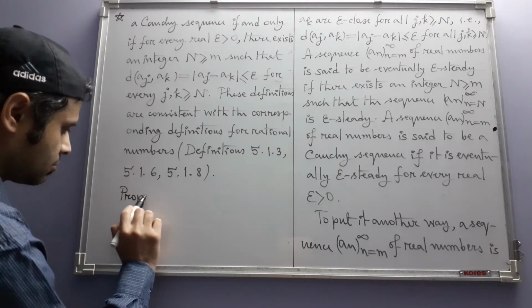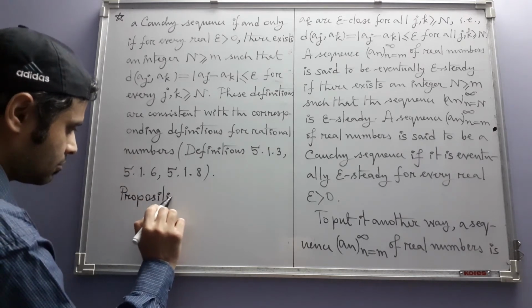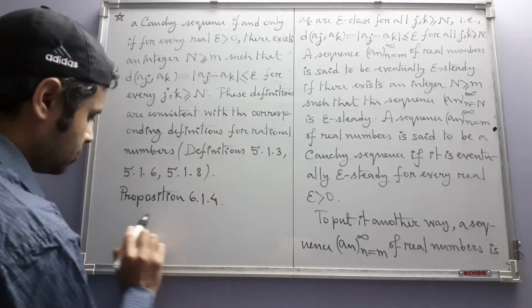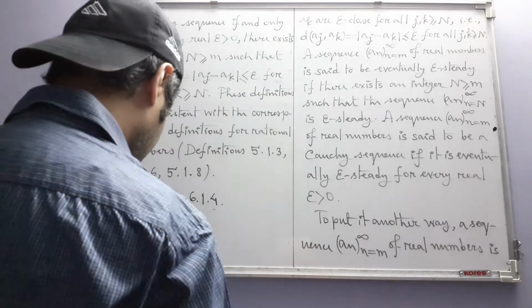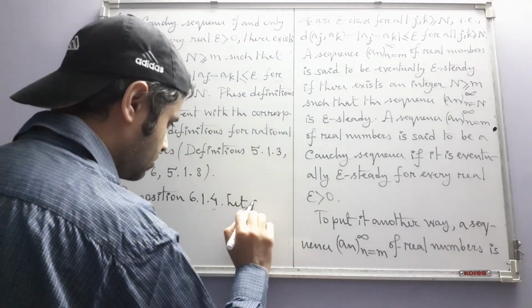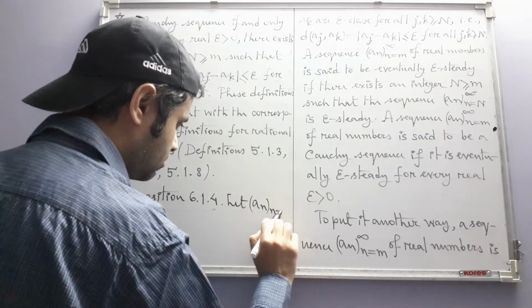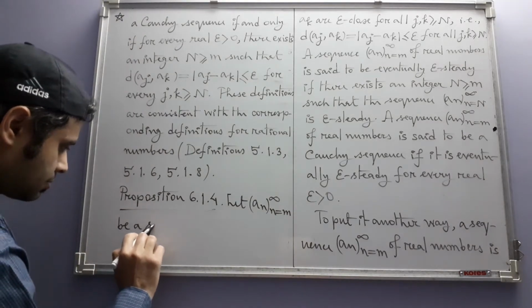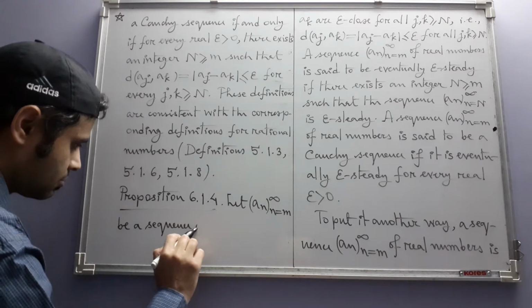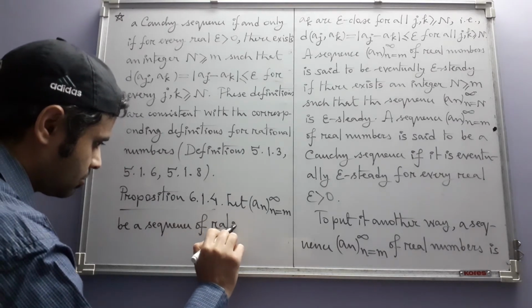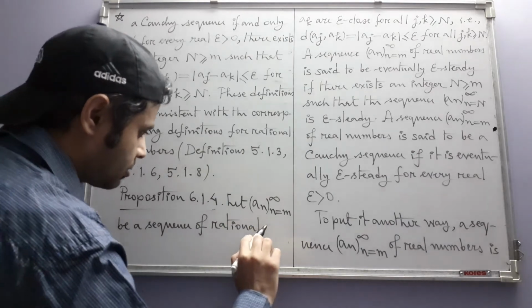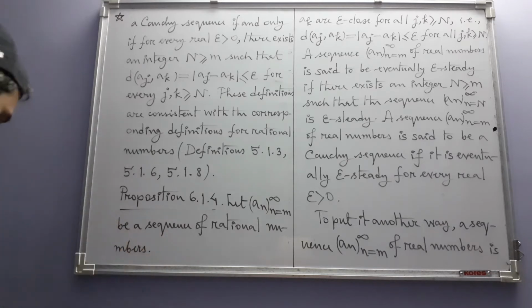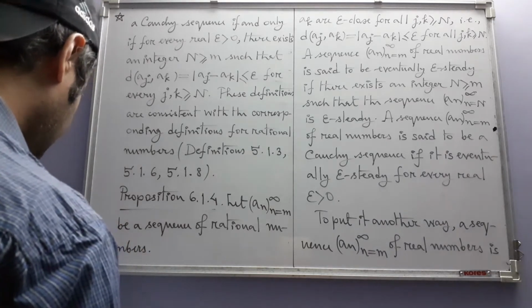Next, proposition 6.1.4. Let an be a sequence of rational numbers starting at some integer index.